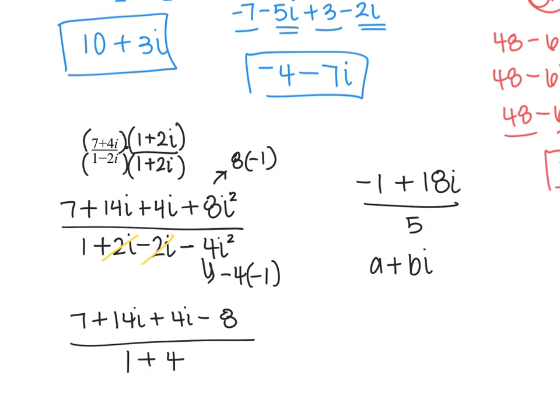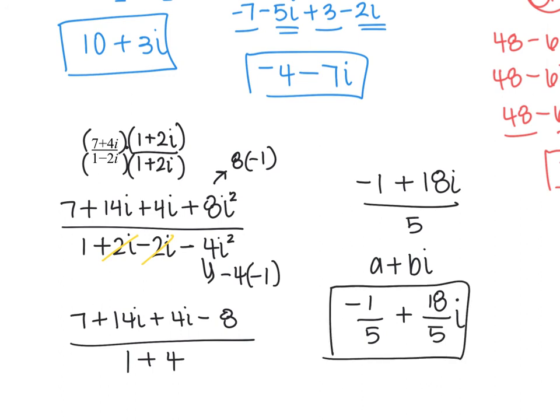So you are allowed on short answer problems to either leave it as a simplified fraction, as one fraction, or you can break it up into 2 fractions. So when I break it up, we do negative 1 over 5, and then plus, we can either write it as 18i over 5 or 18 over 5 and then the i next to it. Either one is acceptable. Let me know if you have any questions over section 1.